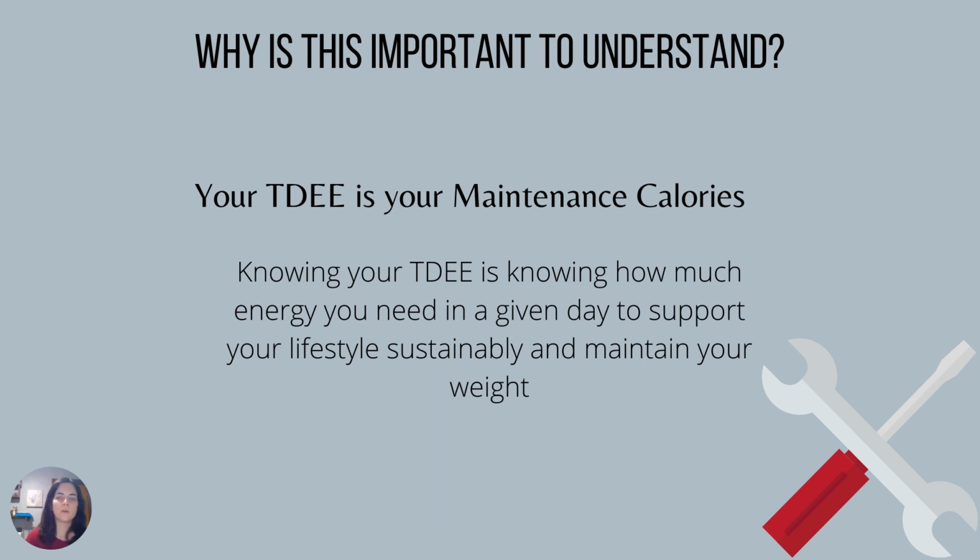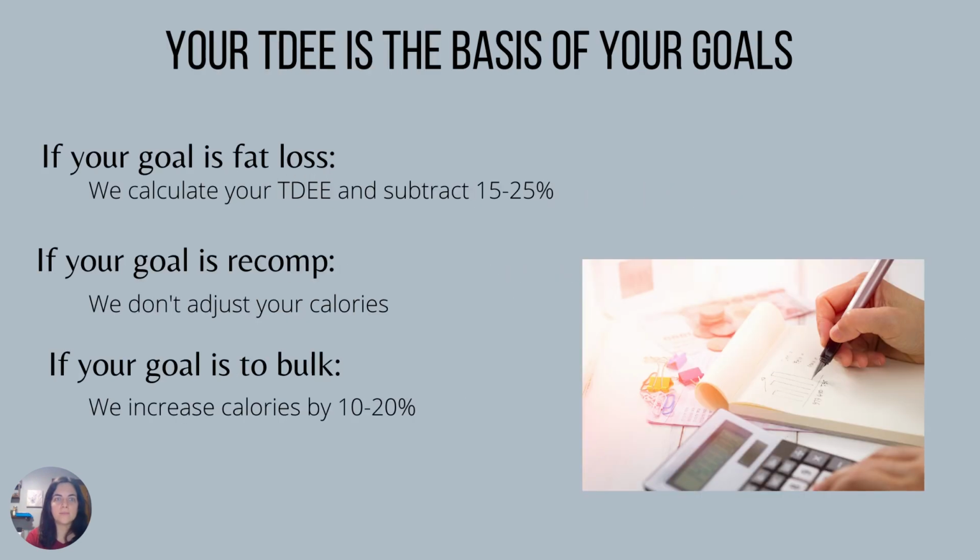If you were to take yourself right now and consider all of your lifestyle factors, how active you are, how much you weigh, and all kinds of different things, and see how much energy your body needs right now, that is your current TDEE. And we need that because it's the basis of your goals.